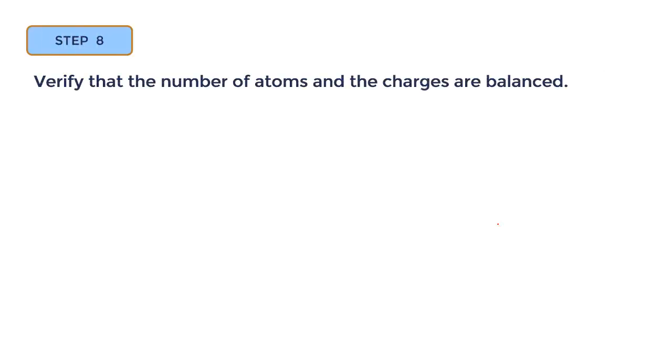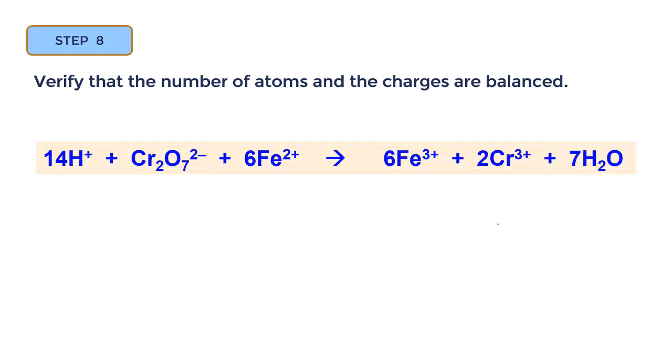Next, step number 8. Verify that the electron number of atoms and the charges are balanced. This is the overall equation. So check the number of atoms and check the total number of charges. At the left side we have 14 hydrogen, and at the right side we have 14 hydrogen.